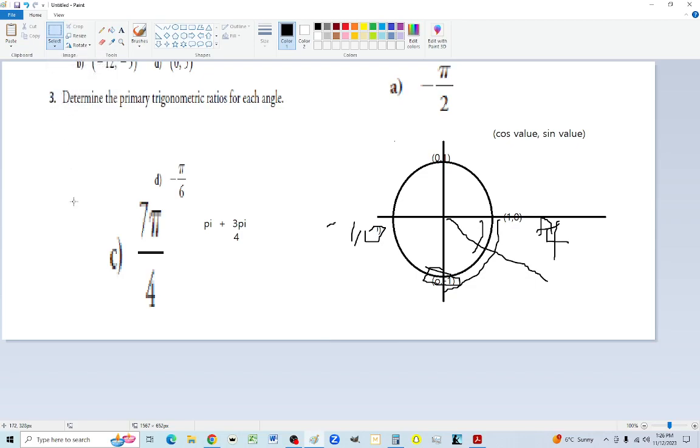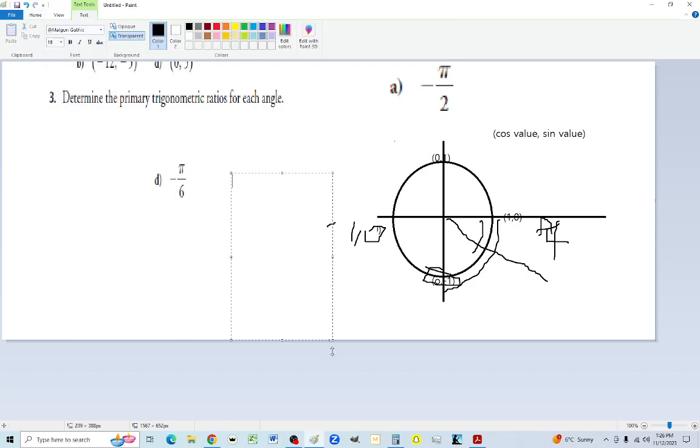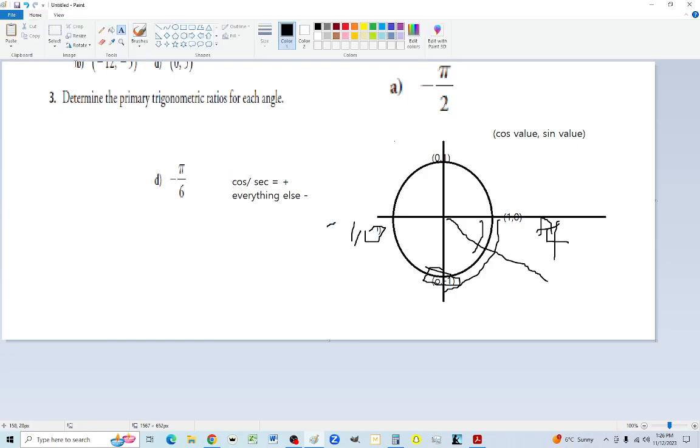Now, here's the nice thing with the CAST system. We know that cosine and therefore secant are going to be positive. Everything else is negative. So that means I just need to know the special triangle for 45.